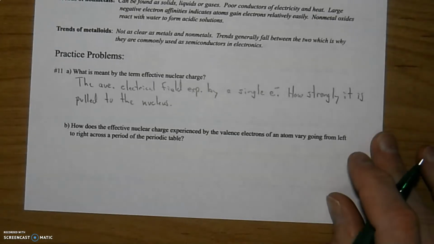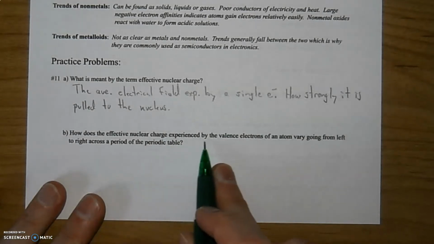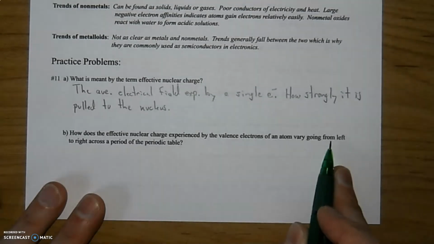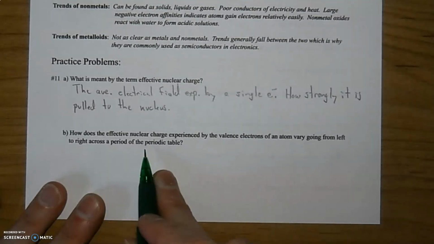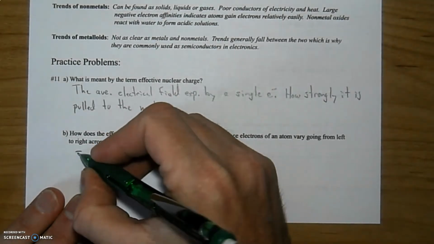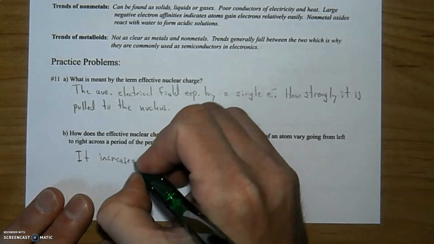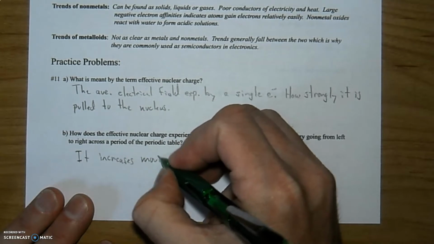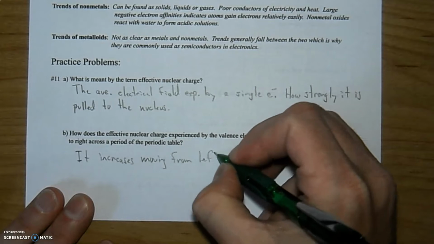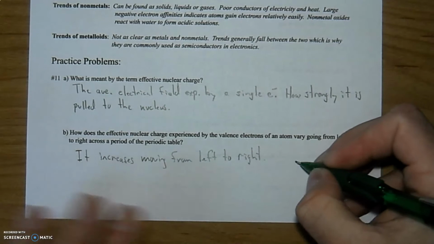Picking up where we left off on this lecture, how does the effective nuclear charge experienced by the valence electrons of a single atom vary going from left to right across the period of the periodic table? Well, as we already mentioned, it increases moving from left to right. And you say, why?